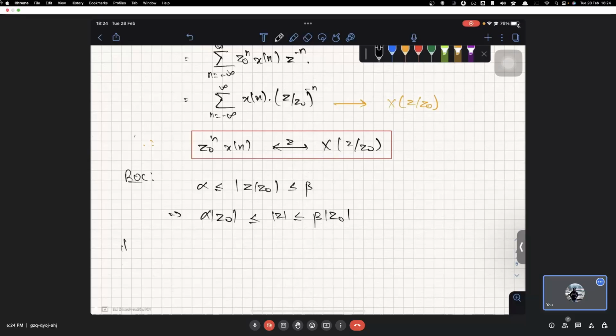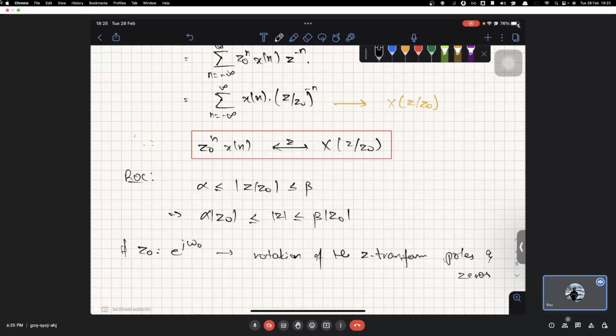In case z0 is of the form e power j omega naught, then it is a rotation of the z transform poles and zeros. So this can be interpreted as scaling or shrinking, and the pole zero locations change along the radial lines of the z plane.